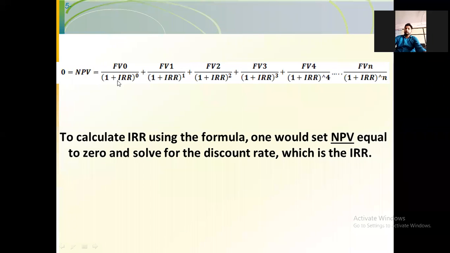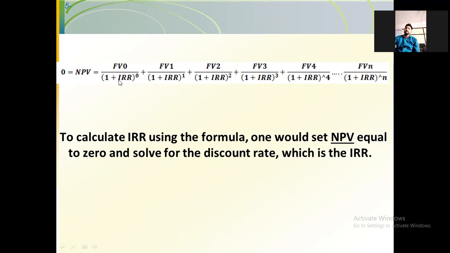Now for the calculation of IRR, we don't have a basic plan. Initially we don't know which value we are getting. So for that reason, we are doing the calculation for the NPVs. For that purpose, you can consider any percentage value, let us say 10%, or 15% IRR, or 20%. So what value you are getting?